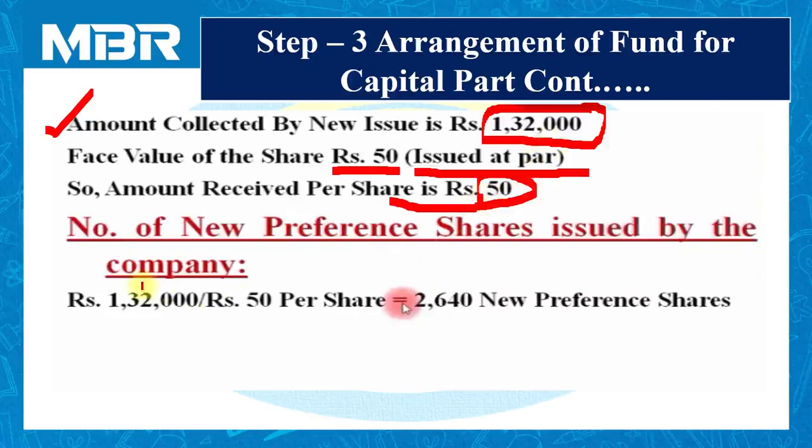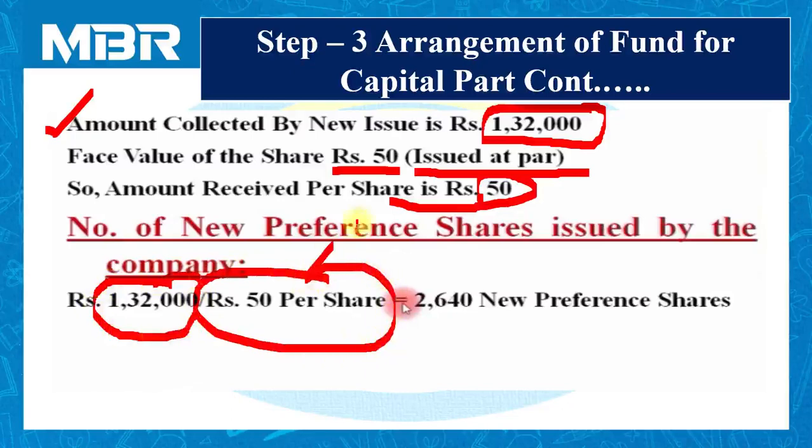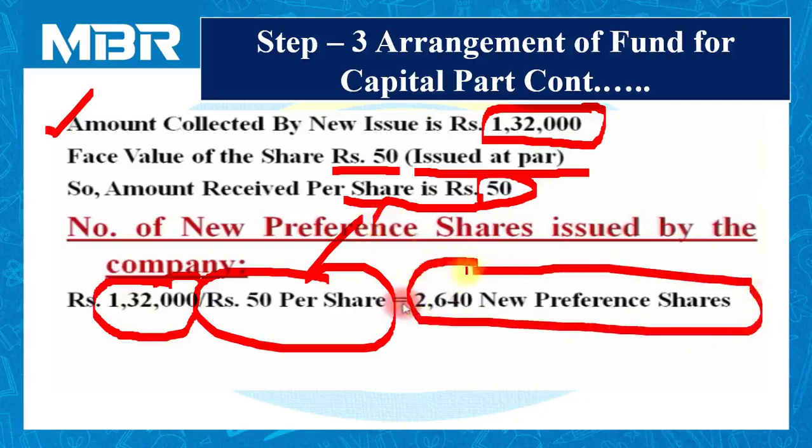Simply, the total requirement is 1,32,000, and we can collect rupees 50 per share. So 1,32,000 divided by rupees 50 per share. In this way, the company is required to issue 2,640 new preference shares.